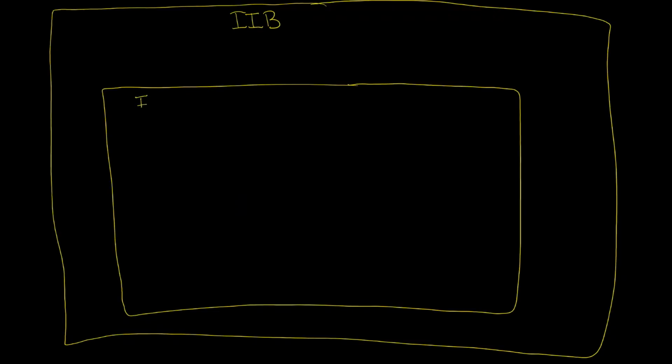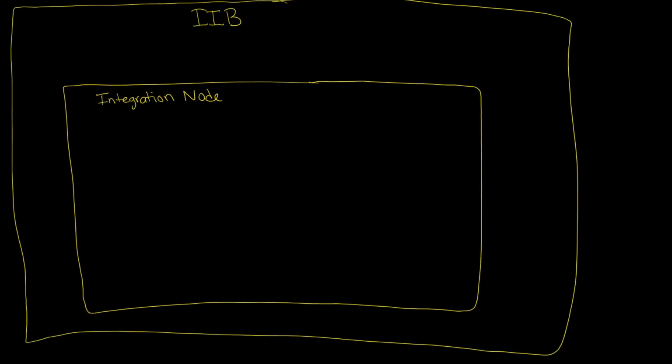In fact, we already looked at the integration node, but this is not the same kind of node that we have been looking at in the past. We had said that a node, remember, is a step along the processing route of some sort of message, right?